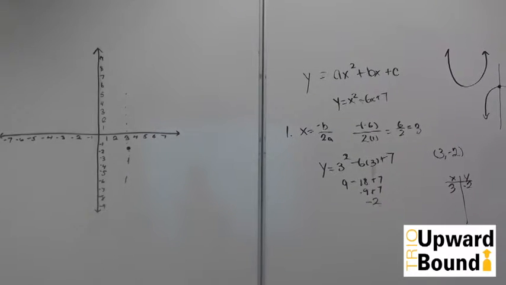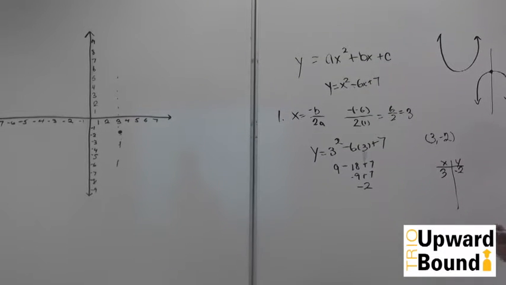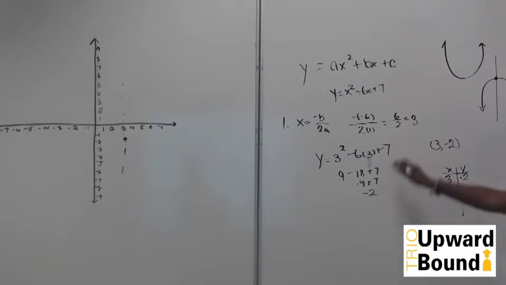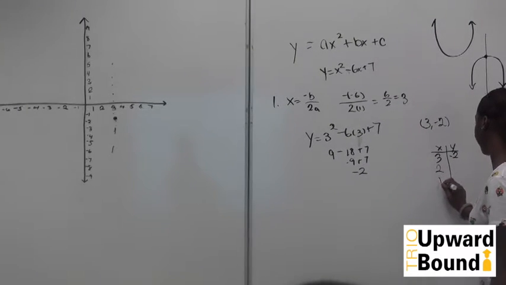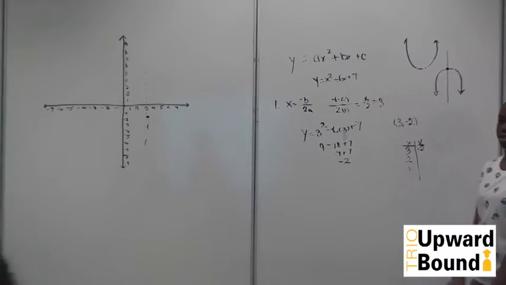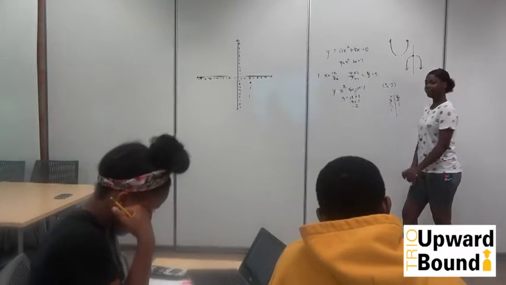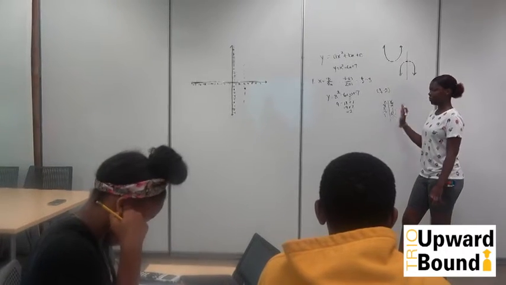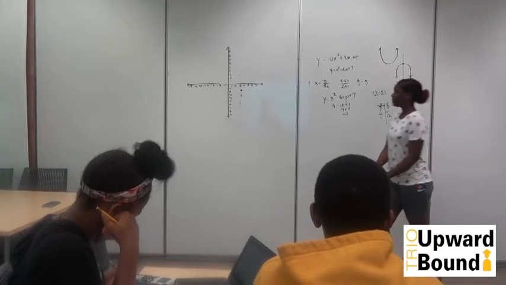So to find the other points, we can use two other x values from the left or the right of our axis of symmetry. So for this one, I will be using 2 and 1. So what is the y value for number 2? It would be -1. Yes, and for 1? 2. Thank you. Now that we have everything to graph one side of our parabola, we're going to take those same coordinates and flip it to the other side.